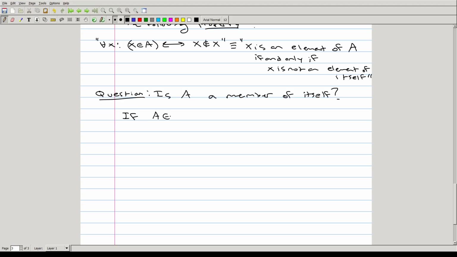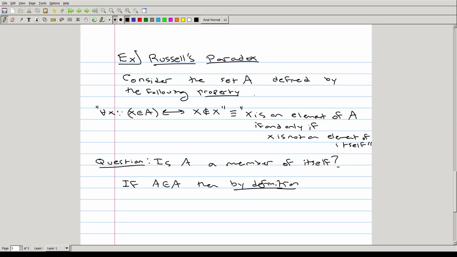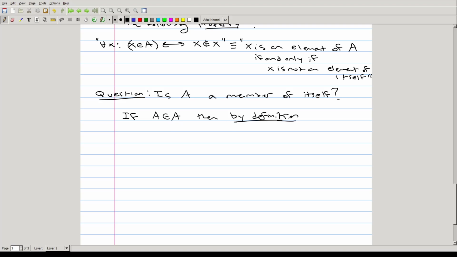If A is an element of itself, then by the defining property of A, A is not a member of itself. This is one possibility.